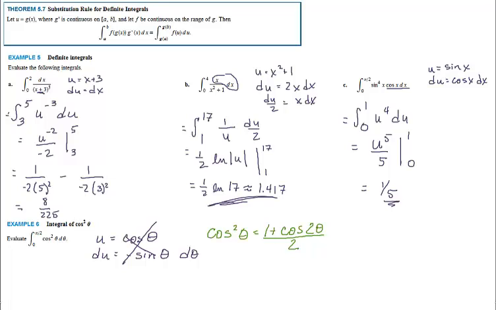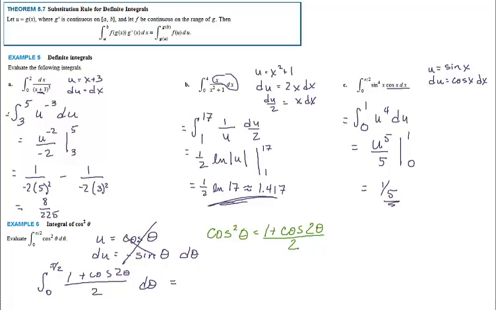So I went back and got my trig formula for you, because this one would be messy. So I could say that this is the integral from 0 to pi over 2 of 1 plus cosine 2 theta all over 2 d theta, just using a trig identity.